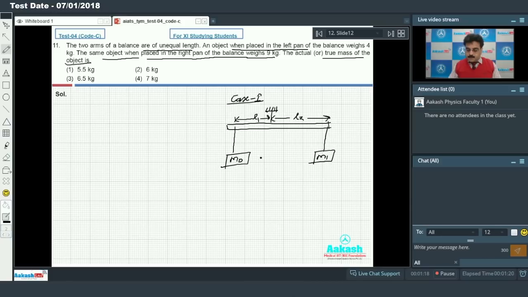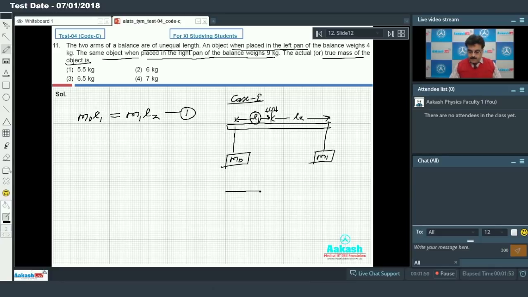And this is my case number 1. We all know the perpendicular distance for m0 is L1 and for m1 is L2. So if I use the moment of force, we'll write m0 L1 on the left hand side, and in the case of equilibrium we'll write m1 L2, and this is my equation number 1.